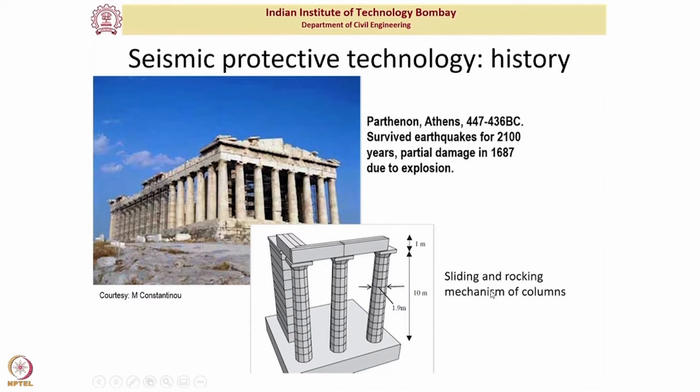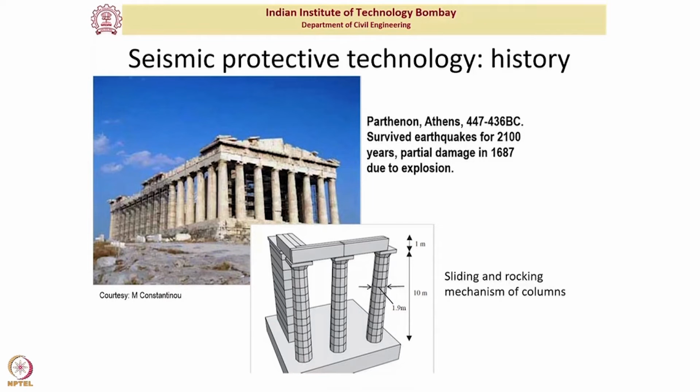But effectively, what it does is reduce the lateral stiffness significantly. So you can see that in all these structures, what the engineers at that time simply did was change the lateral stiffness of the system so that the overall stiffness reduced significantly.